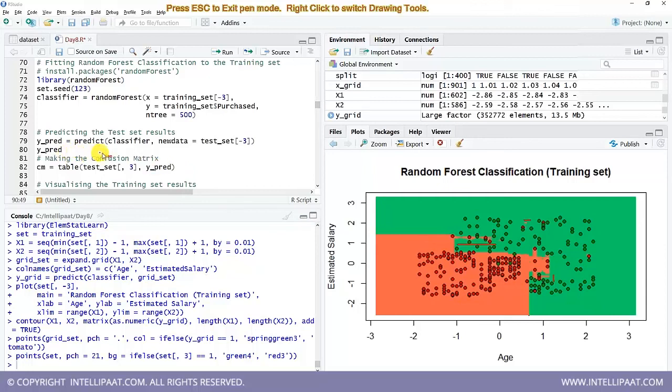Okay, so this is the prediction. Let's try to use something with 10 trees as against 500 to give us a feel of how it looks.